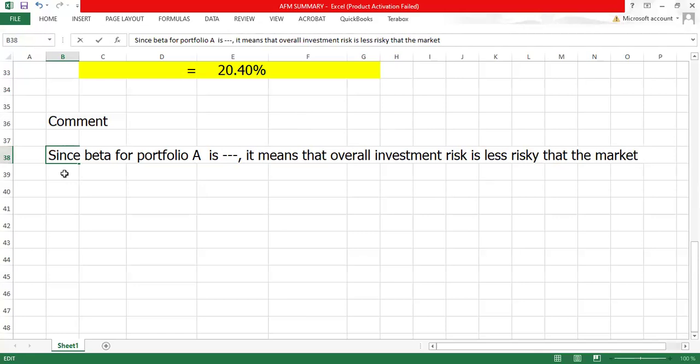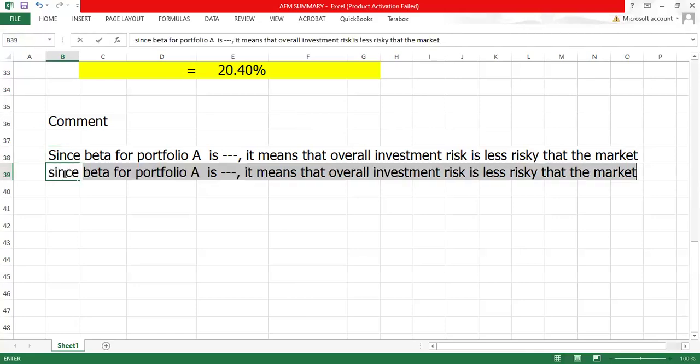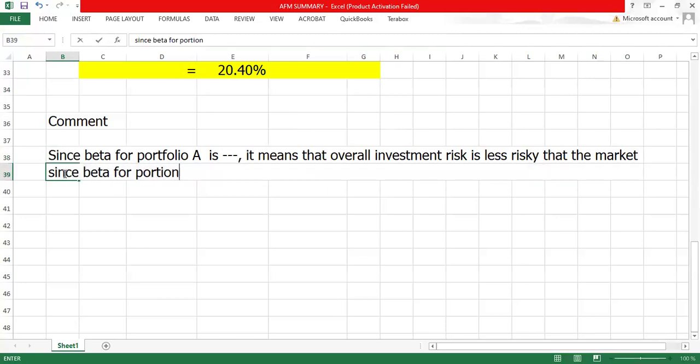Then you also comment on B. For our question here it was B, because B was the one which had a beta less than 1.